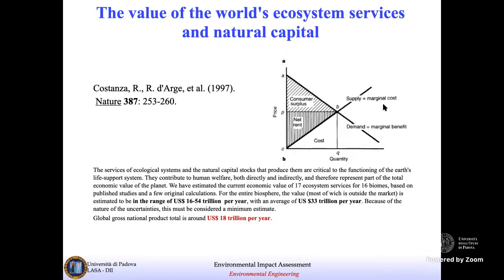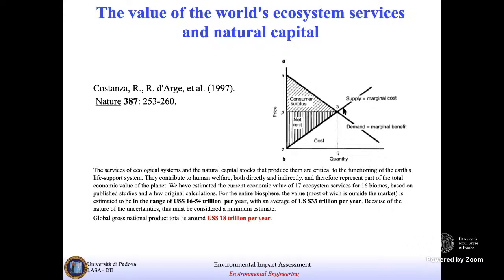So you evaluate benefits in terms of demand, or you may call demand the marginal benefit, and cost, supply, the marginal cost. The equilibrium of the system is when these two lines cross.